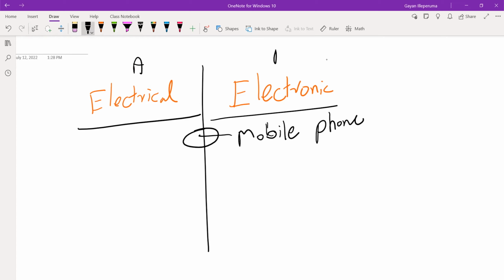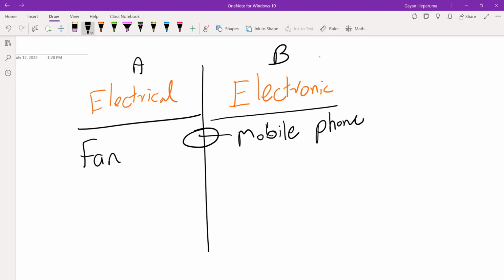A or B. Otherwise, you will drop after this point. Electrical, category A. You can type it in the chat, A or B, okay? That will be better. So, fan. Which type should be fan? Okay. A, right.